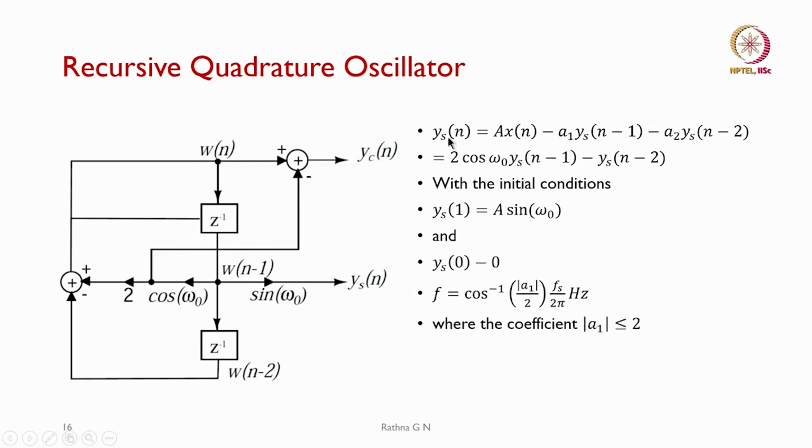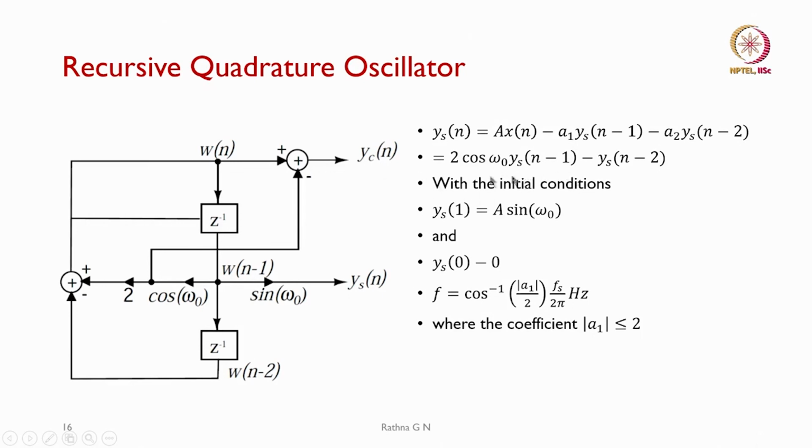So, how are you going to get it? You will be seeing that ys of n is nothing but a into x of n minus a1 into ys of n minus 1 minus a2 into ys of n minus 2, which, if you simplify it, is 2 cos omega naught ys of n minus 1 minus ys of n minus 2.